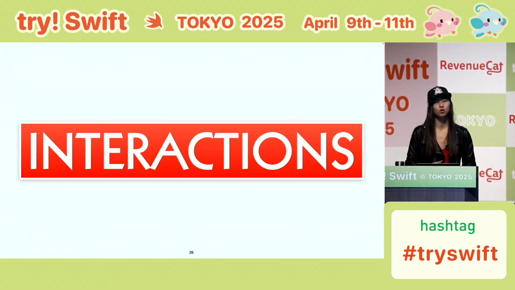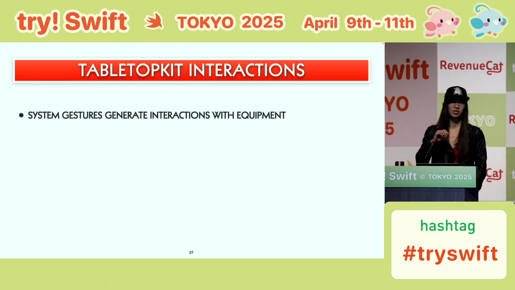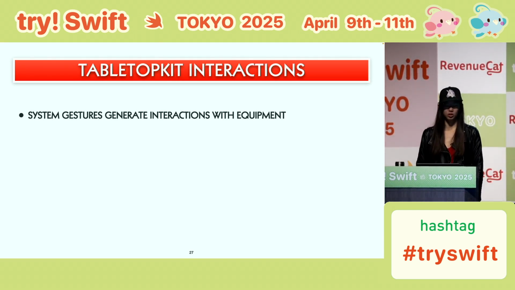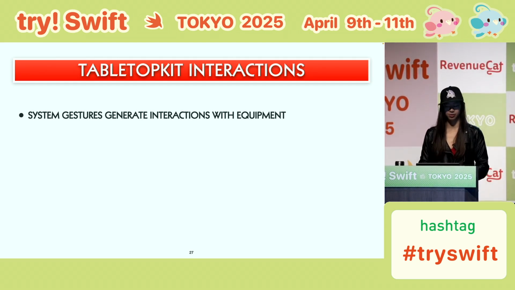We play the game using what are called interactions. Interactions are system gestures that generate interactions with equipment. So a system gesture is something like picking up a die and rolling it. We take the system gesture of picking something up and letting it go, and turn that into an interaction that TabletopKit understands.